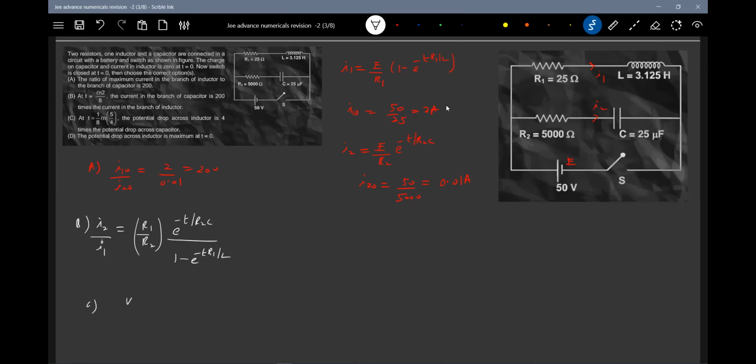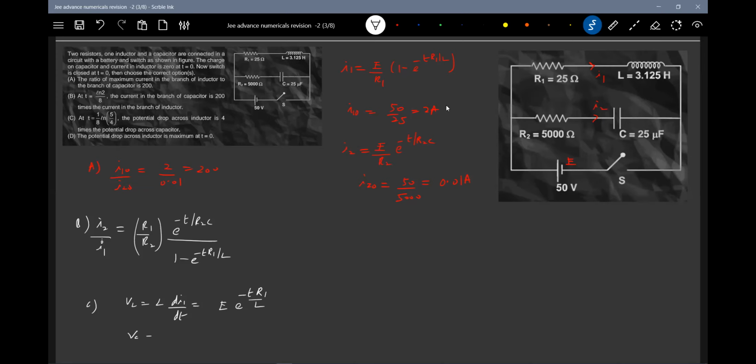Potential across the inductor first, we'll go for L. Okay, so I think it's a pure calculation-based question. This will become E R1, which will be only equal to E. That is the potential drop across the inductor.